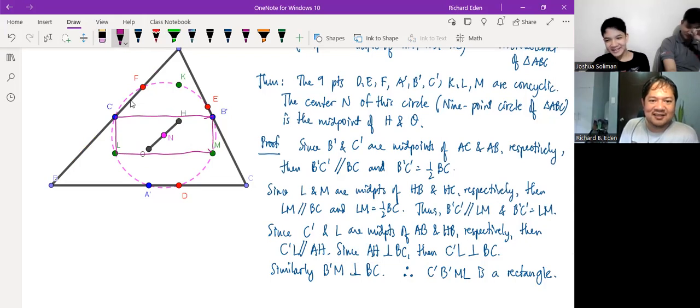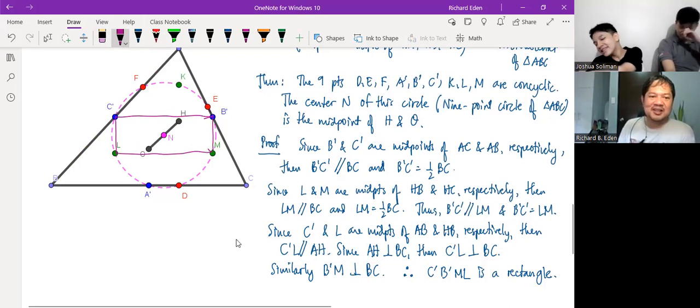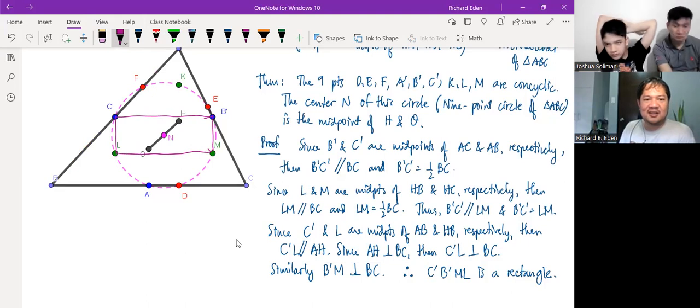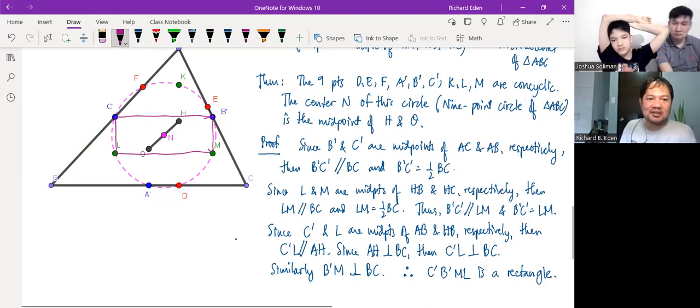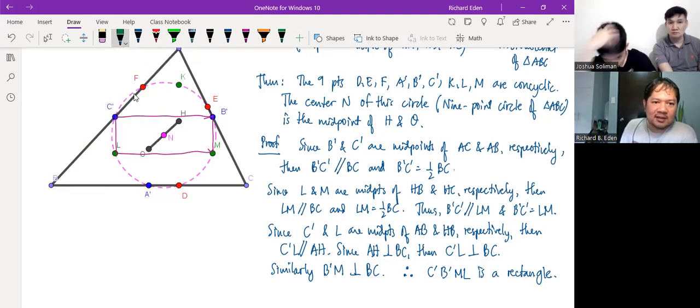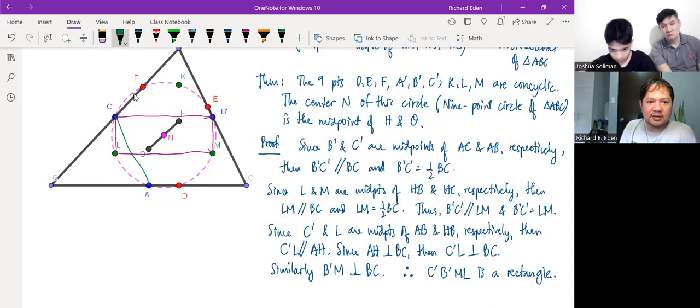Okay. Similarly, meron pa tayong ibang rectangles na ma-form. Ito, ibang color naman. So, C prime, A prime, and so ito, mga blues and greens.